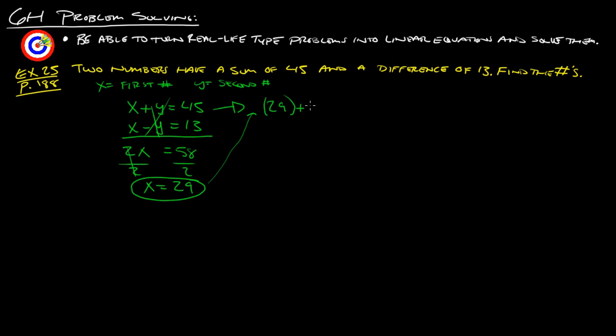So 29 plus y should equal 45. Subtract 29 from both sides, and we get that y equals 16. So y should equal 16 and x equals 29.